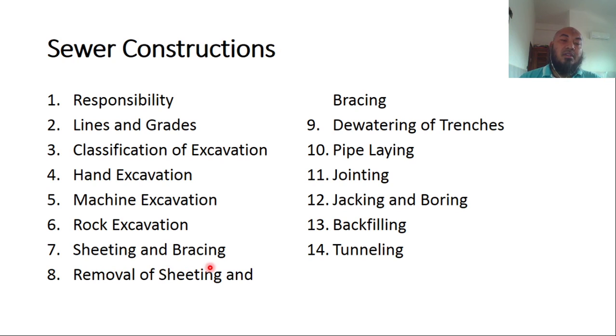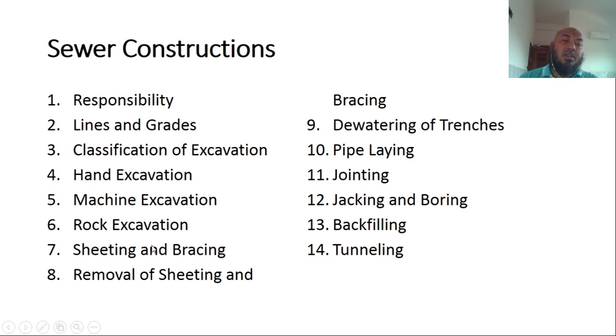Number 7 is sheeting and bracing. As I said about the soil condition, in some places the soil condition is not really stable, so we really need sheeting and bracing.